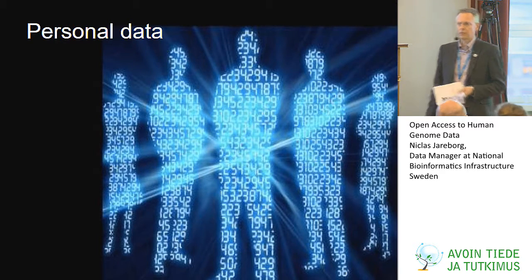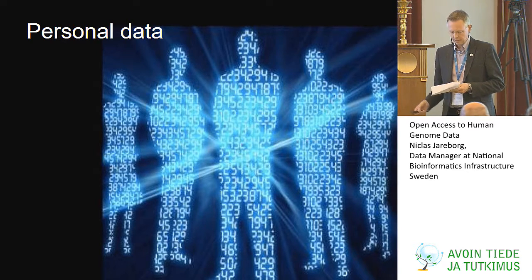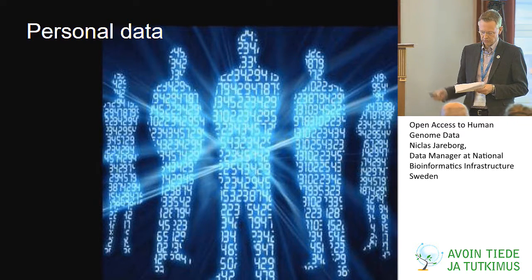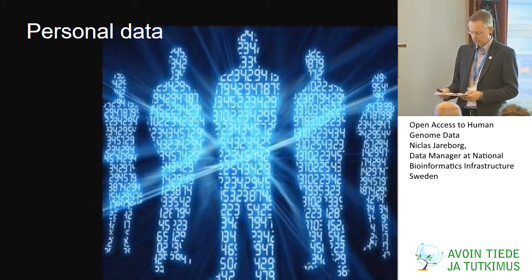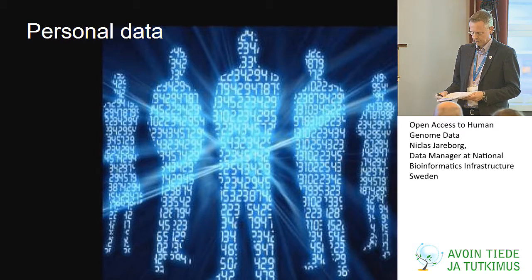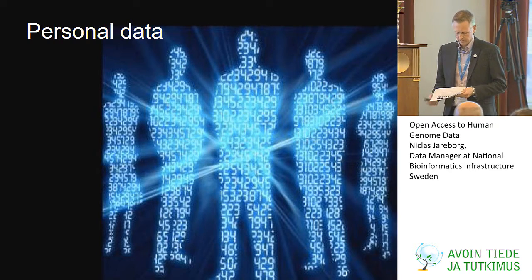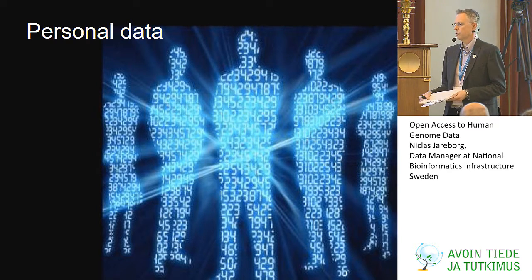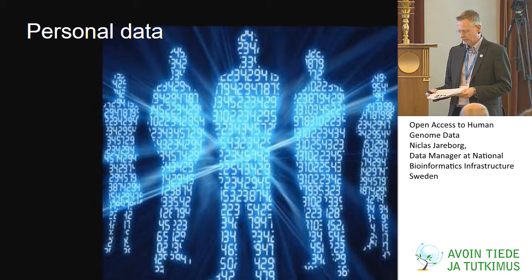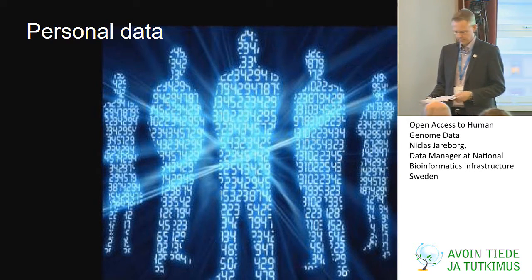And when we speak about open access to human data, we shouldn't mean unrestricted access to the data. There should always be scientific reasons why someone should have access to the data, in accordance with the consents given by the individuals concerned, as well as assurances and transfer of legal responsibility that the data will be handled safely.